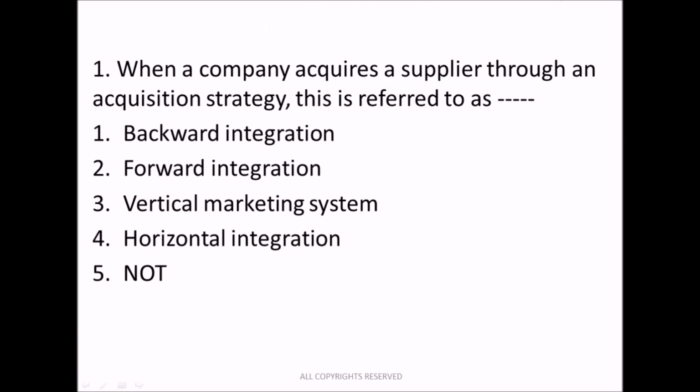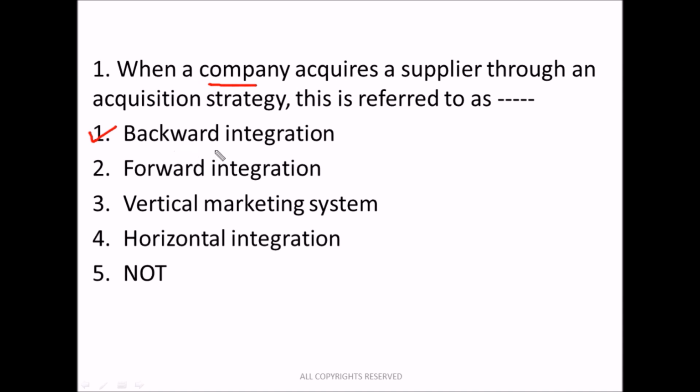First question is, when a company acquires a supplier through an acquisition strategy, this is referred to as dash: backward integration, forward integration, vertical marketing system, horizontal integration, none of these. The correct answer is backward integration because a company is into the manufacturing process, but if it goes to the distribution side, then it will be called forward integration or downstream marketing activity.